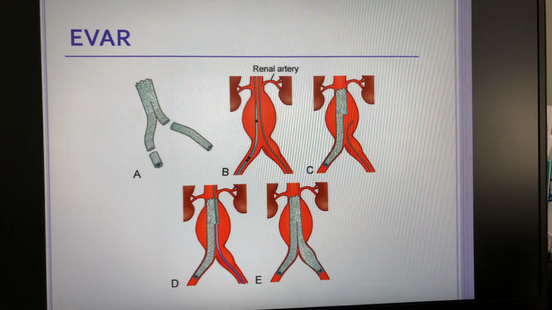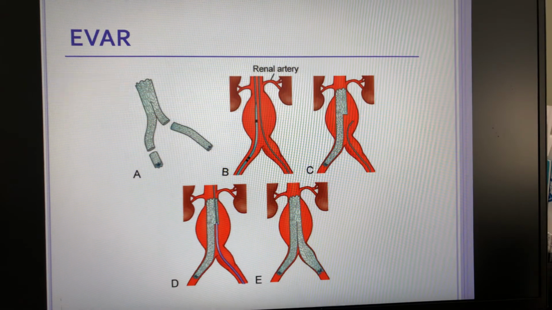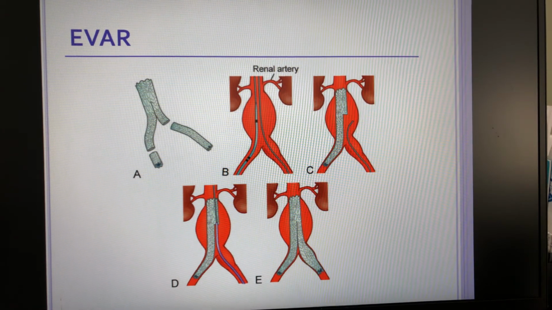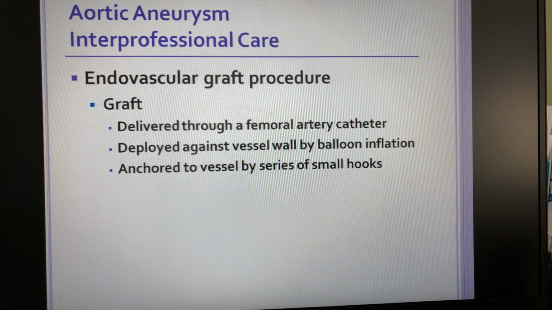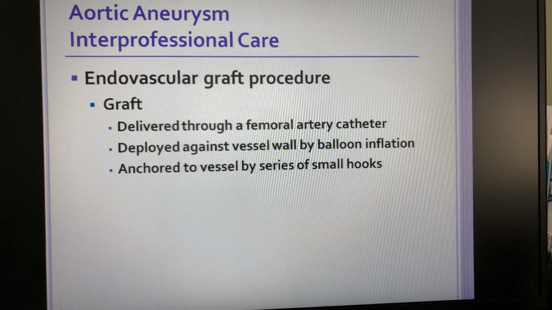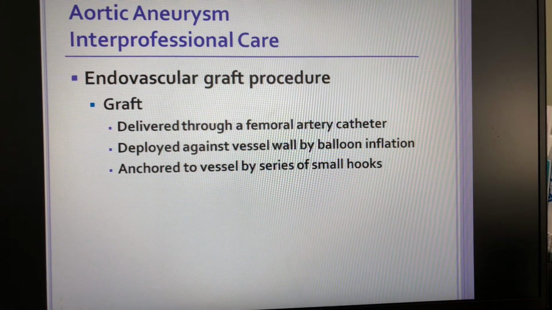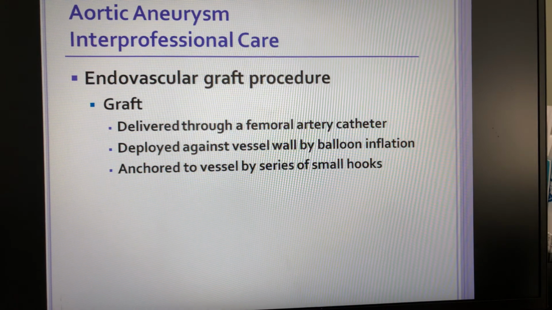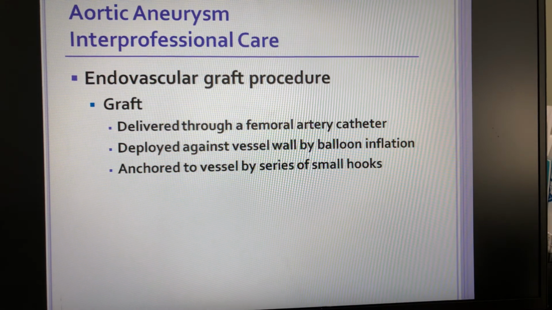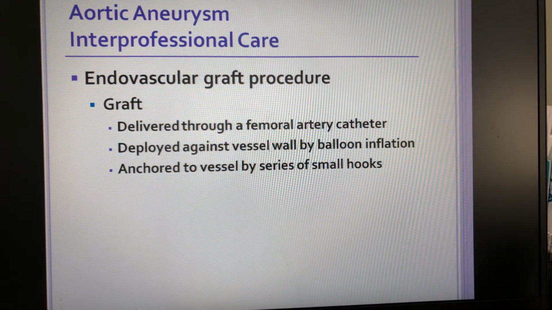So that's the end of the procedure, step by step, and what it looks like after it's been completed. So with the endovascular graft procedure, the graft, again, is delivered through a femoral artery catheter, is deployed against the vessel wall by balloon inflation, and is anchored to the vessel by a series of small hooks.